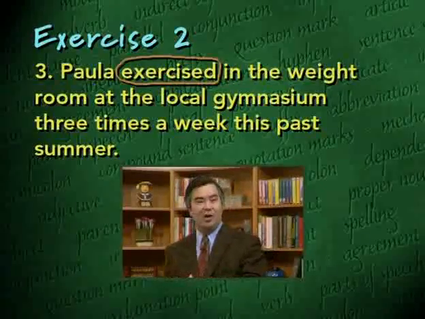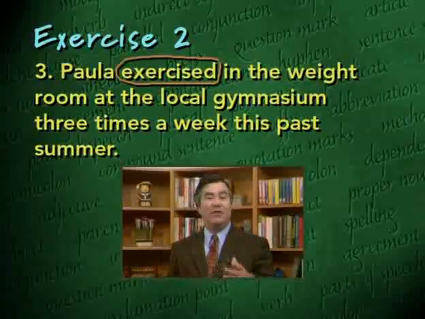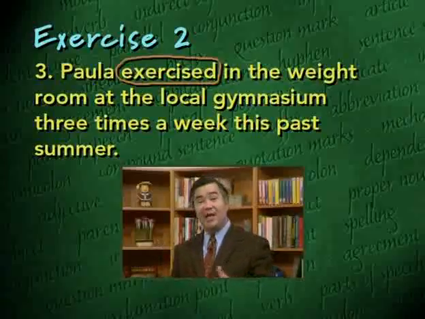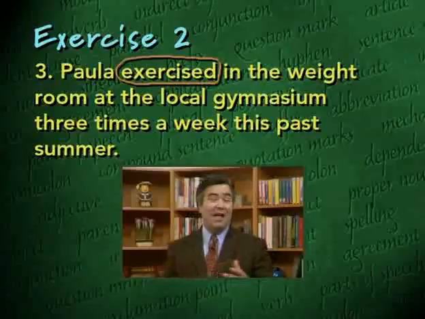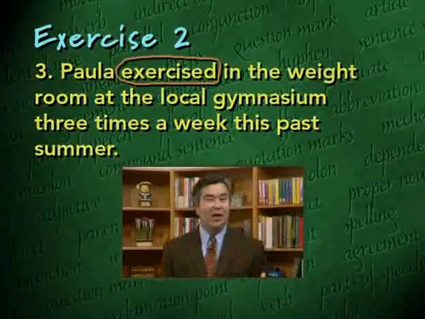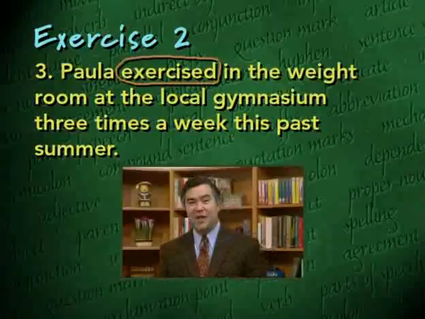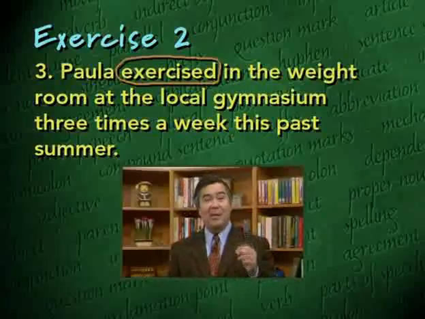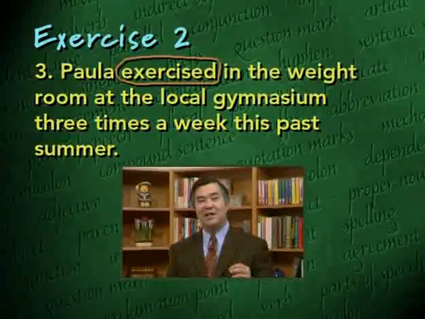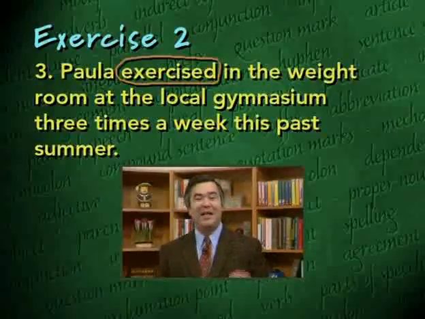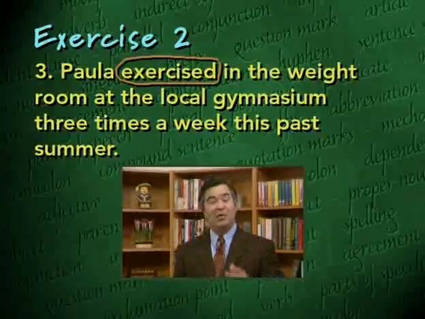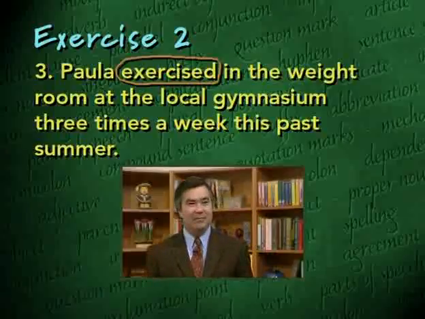All the other words in the sentence give more information about how and where and when she did the exercising, but they do not receive the action of the exercising. Therefore, there is no direct object for the verb exercised in this sentence. Remember, that means that the verb exercised is an intransitive verb. It doesn't have a direct object which receives the action.